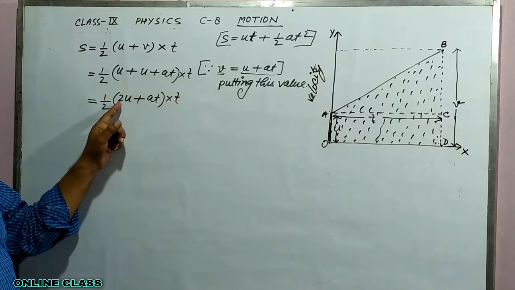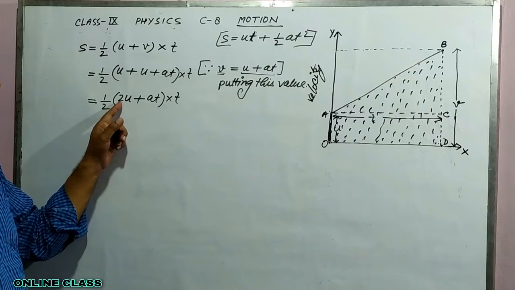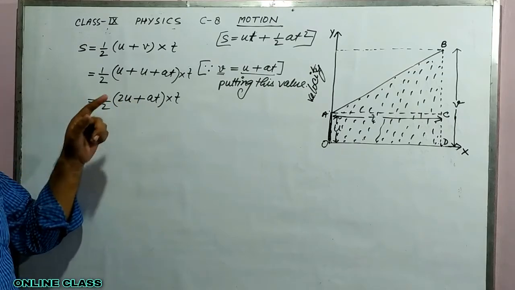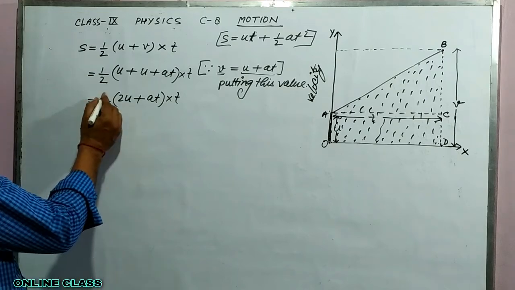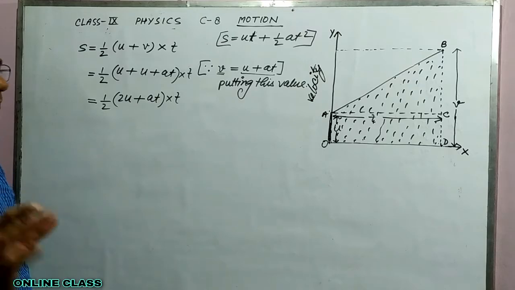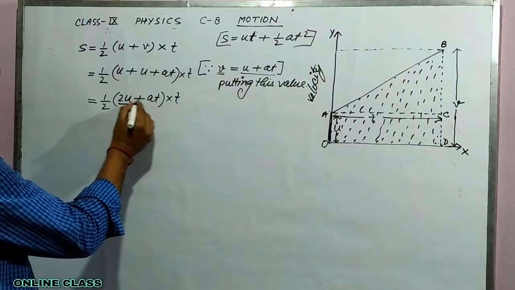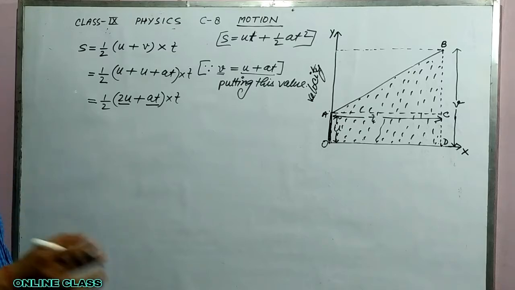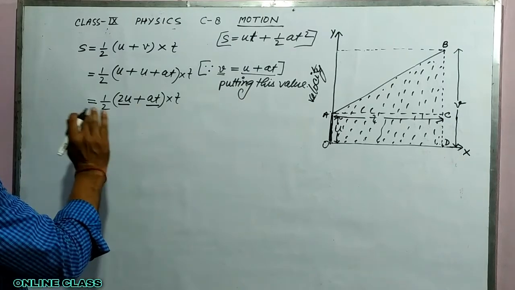So we multiply the two terms by half t, or 1 by 2 t.